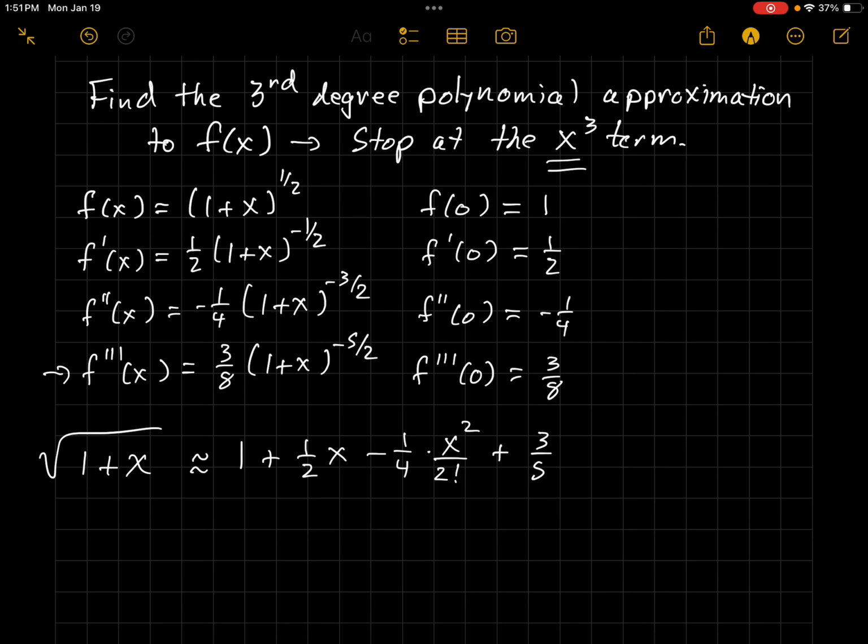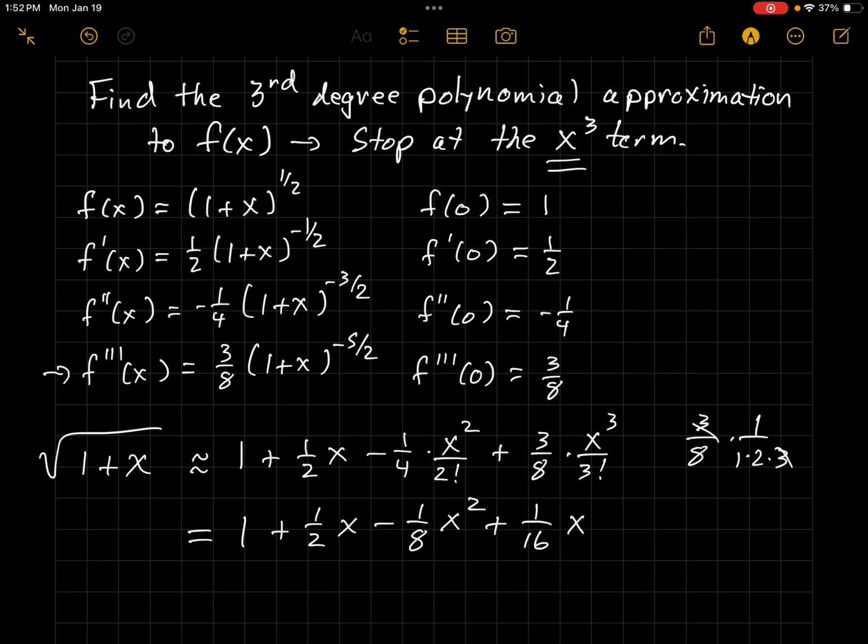Plus 3/8 times x cubed over 3 factorial, and we can stop. You don't necessarily need to simplify, but I will, which gives me 1 plus 1/2 x minus 1/8 x squared plus, and then if I do 3 over 8 and then 1 over 1 times 2 times 3, I get 1/16 x cubed.